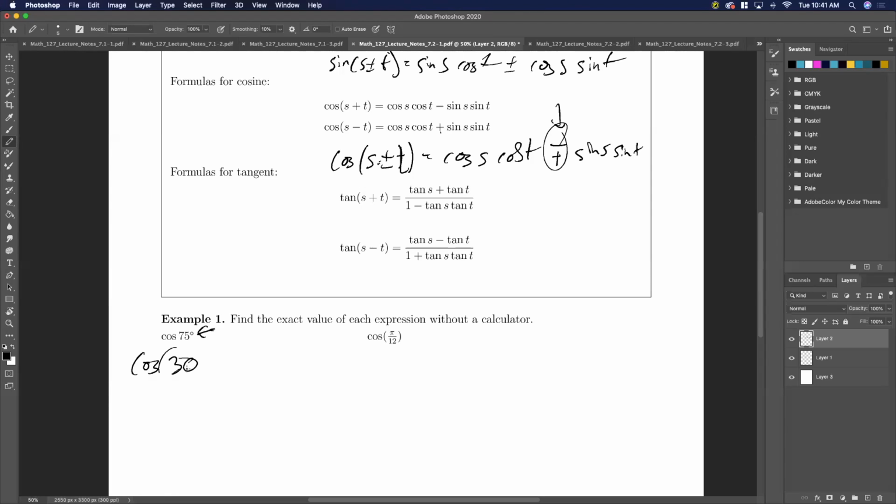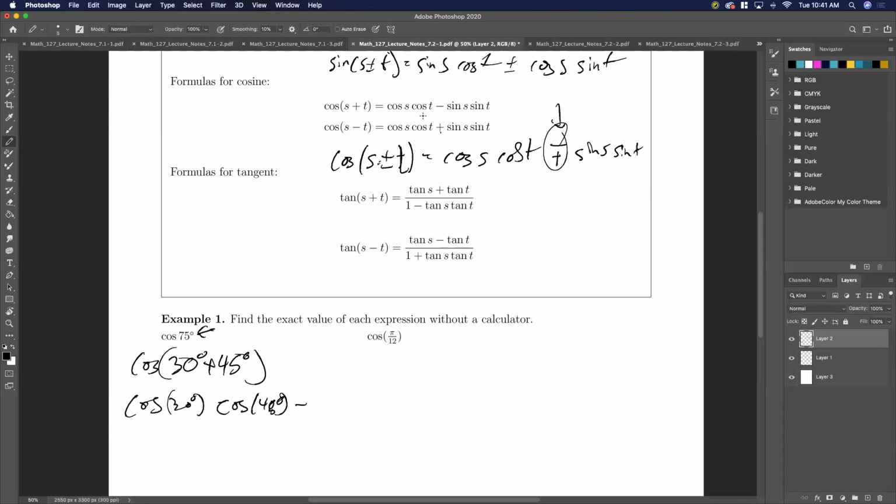So here I have 30. I can rewrite this as cosine of 30 plus 45 degrees, and then the next one we're going to do in pi. That way we get used to both. According to this, I can use this formula right here. So I'll have cosine of 30 degrees multiplied by cosine of 45 degrees, and if this was plus, that's negative.